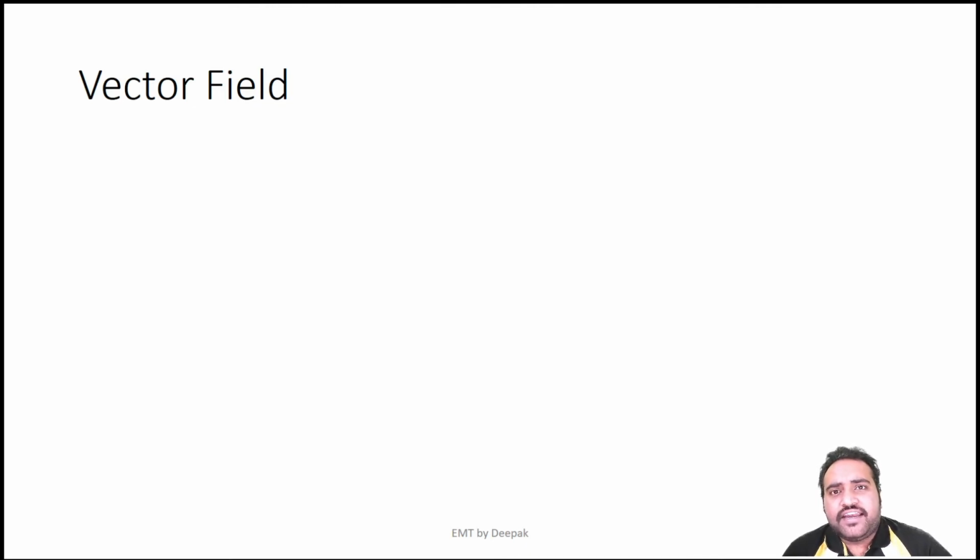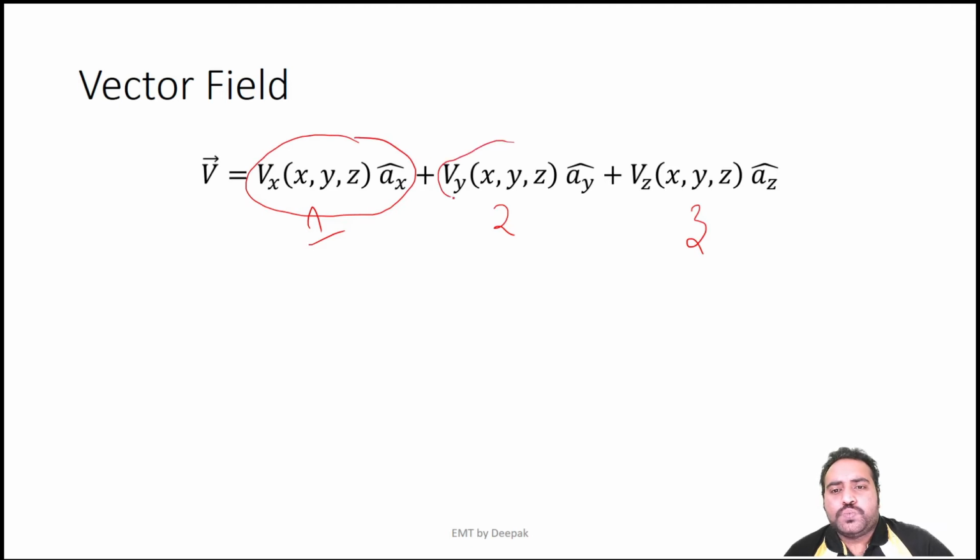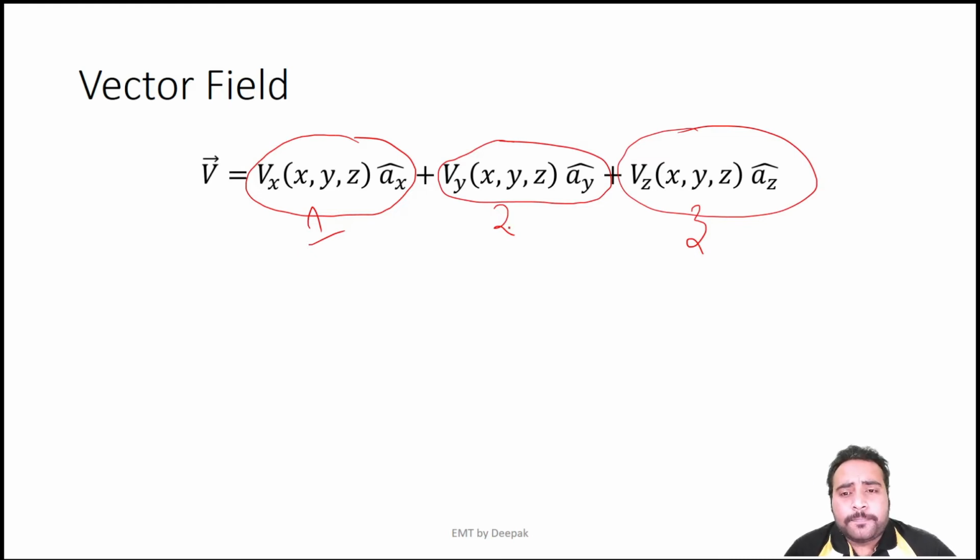A vector field can be expressed as sum of three mutually orthogonal vector fields, where this is vector field 1, this is vector field 2, and this is vector field 3. How did this vector field form?